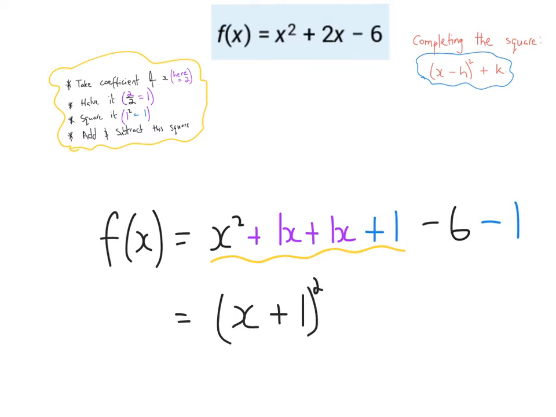Because if I expand out (x plus 1) all squared, that gives me x squared plus 2x plus 1. And so in order to make sure that the value of the function hasn't changed, I just tidy up my last bit here, which gives me minus 7. Okay, so that is us with our completed square for that function.